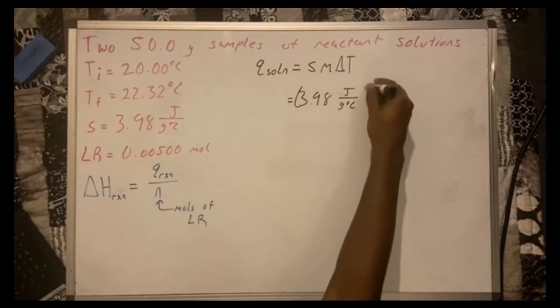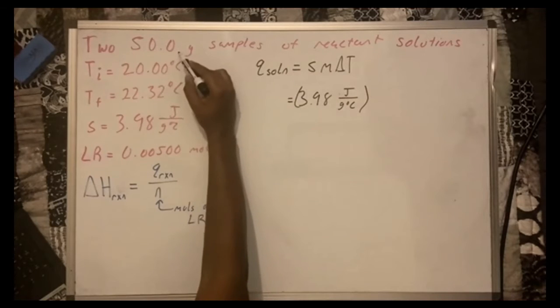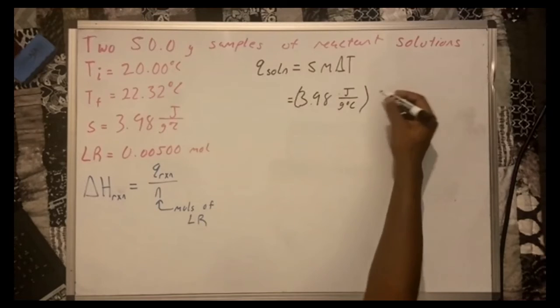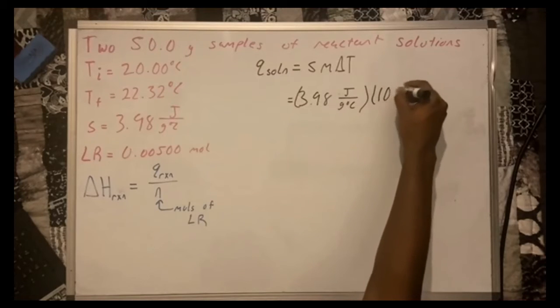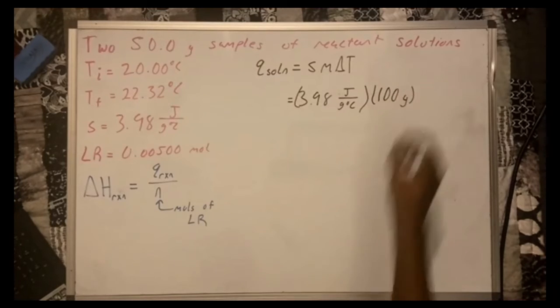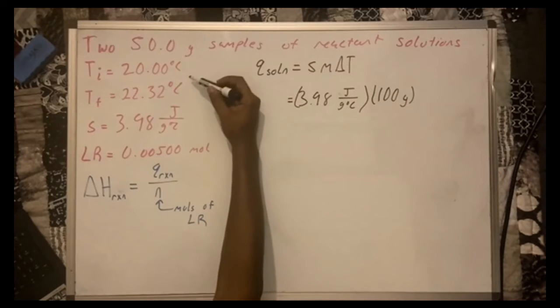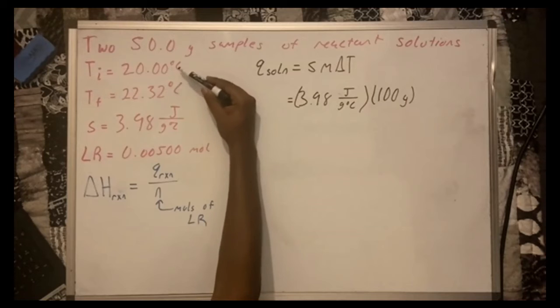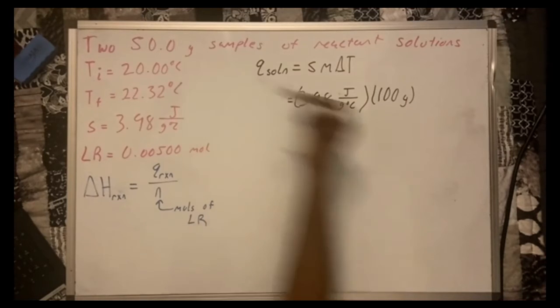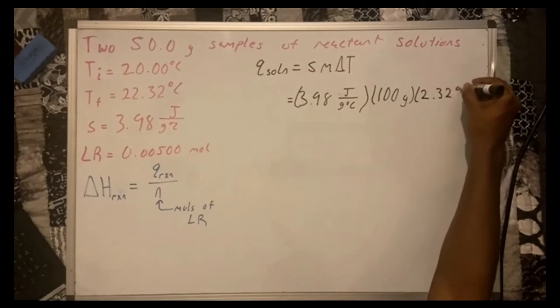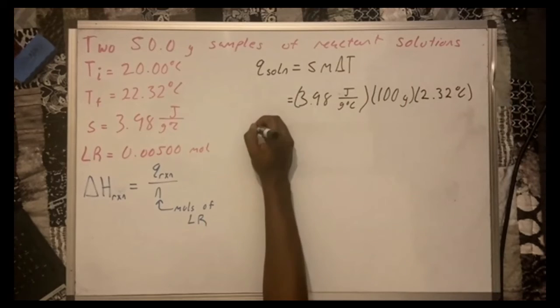Our mass: we have two 50-gram samples, so our mass is 50 times 2, which is 100 grams of our solution. Delta T is going to be final minus initial, this 22.32 minus this 20. So that's just 2.32 degrees Celsius.